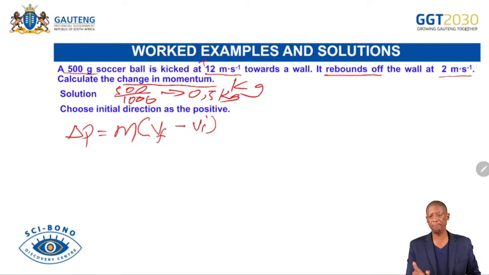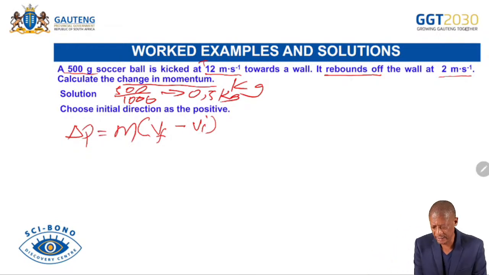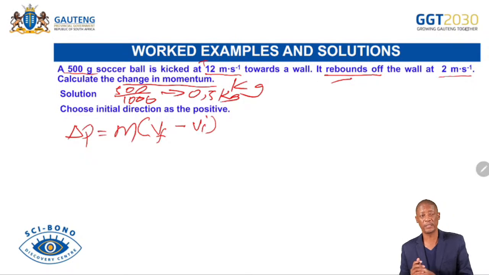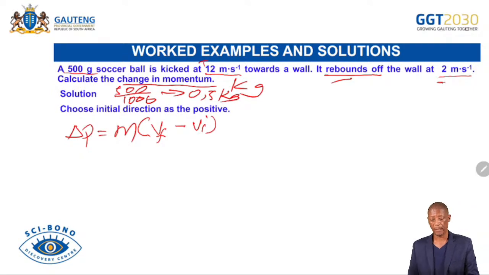Then the term rebounds: it hits the wall and comes back, so it's going to be negative because it's a motion that is coming back. In other words, our 12 is going to be positive and our 2 is going to be negative.